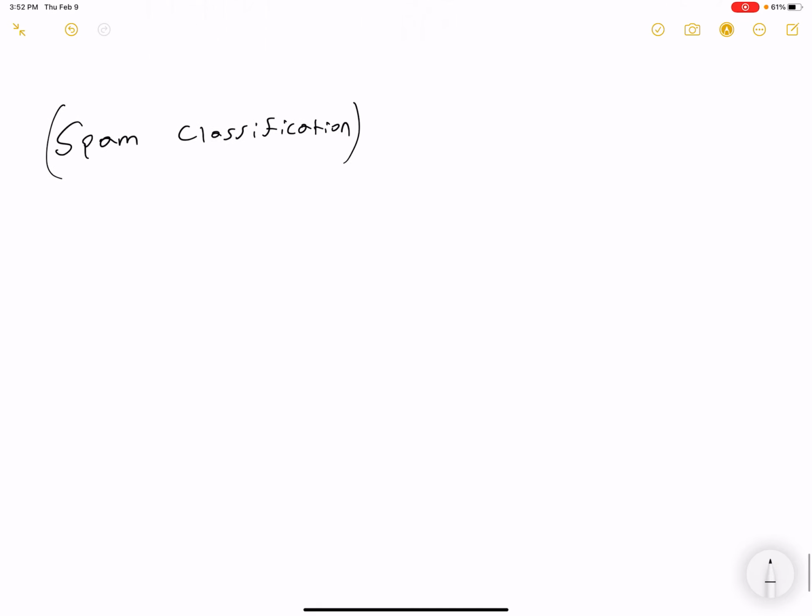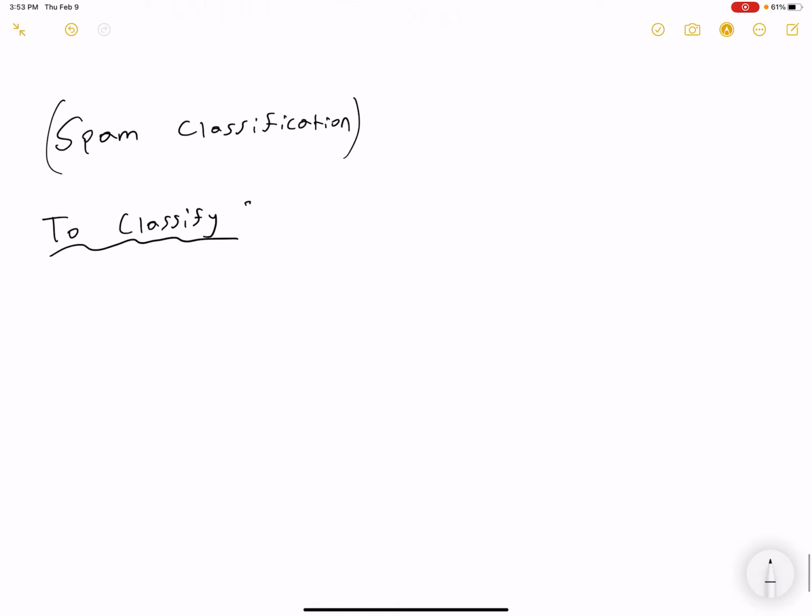So to classify, very simple. We just use an if statement.